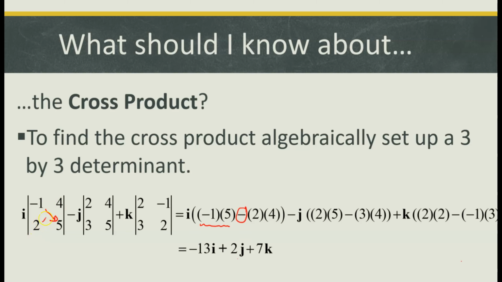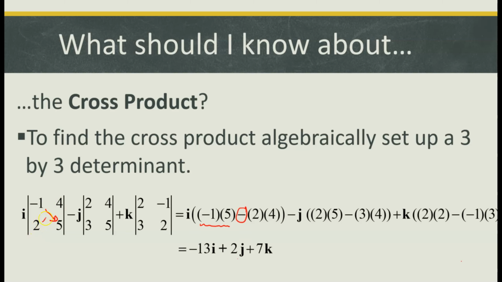And so I'd have -5 minus 8, and so -5 minus 8 will give me -13 times the unit vector i.